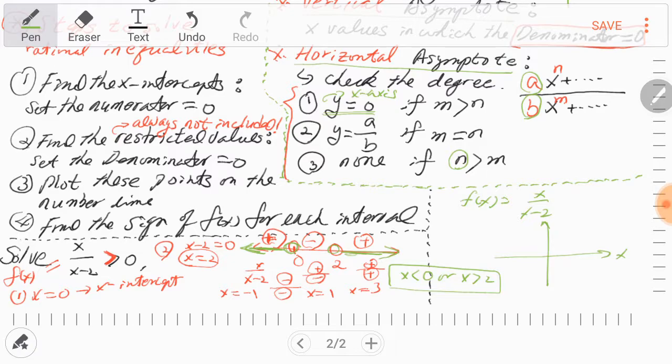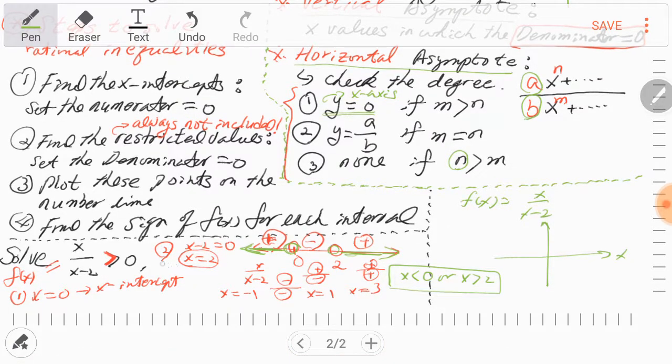The vertical asymptote is what? For the vertical asymptote, you set the denominator to 0, so that is this part, the 2. Set the denominator to 0, then x equals 2. So when x equals 2, this is the vertical asymptote. Draw a little dotted line. It's a vertical asymptote.